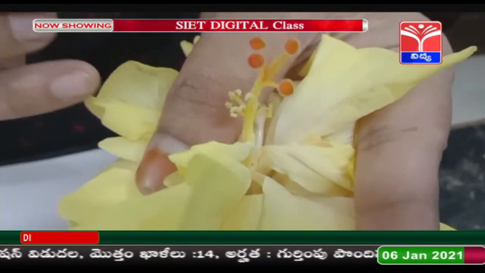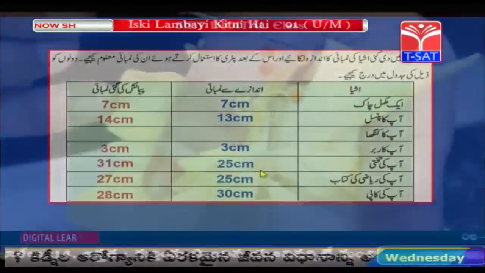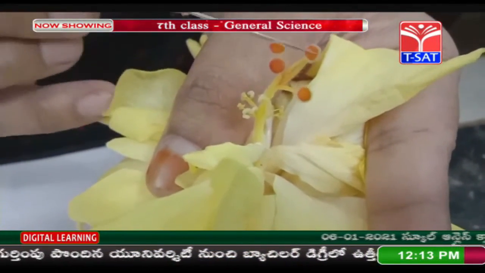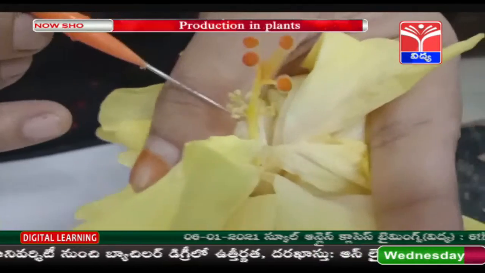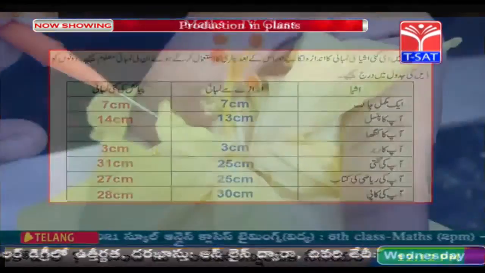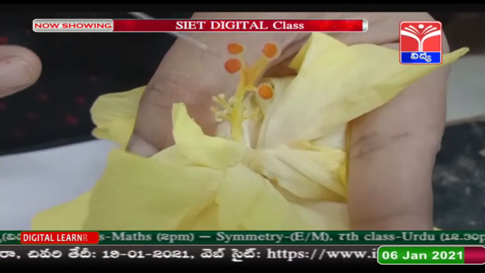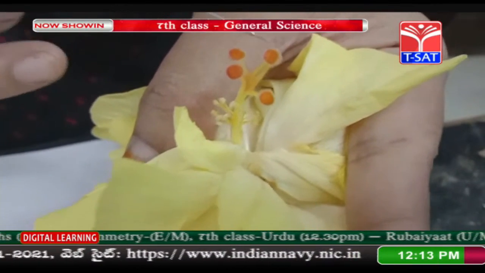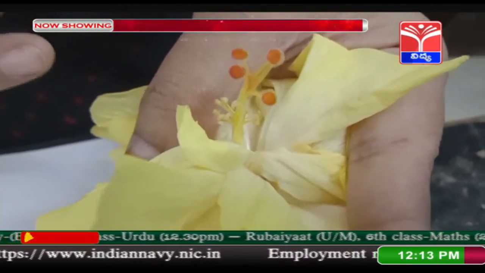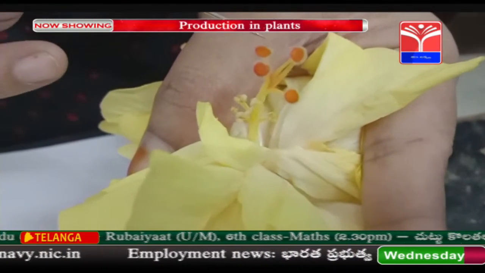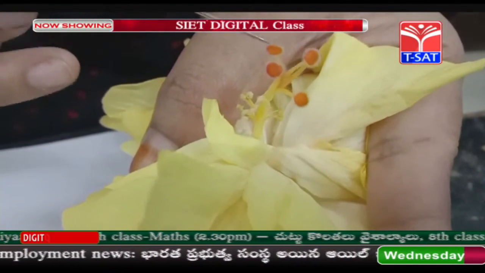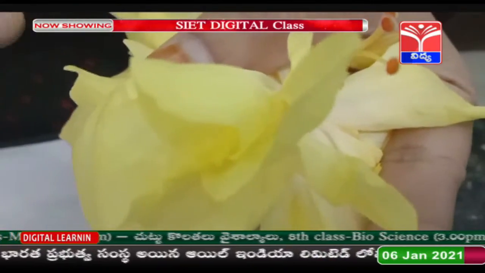Gynoecium has the pistil. Pistil has a basal ovary and a long tube-like structure. This long tube-like structure is called the style and the tip portion is called the stigma. Over the stigma the pollen grains will fall and they will move inside the ovary.